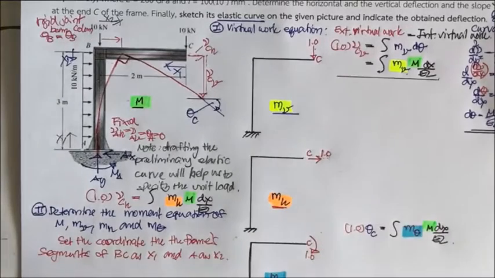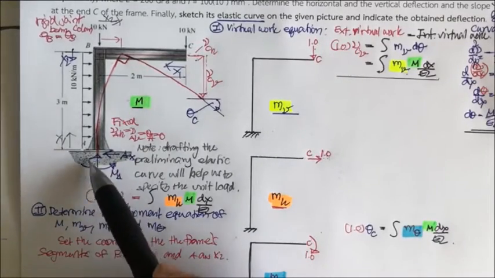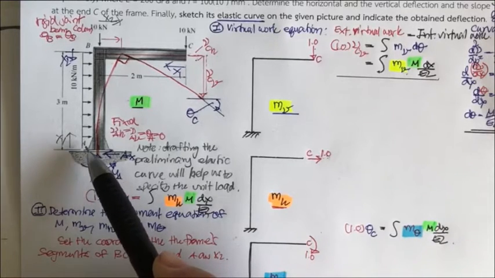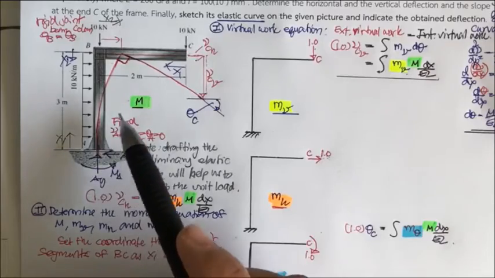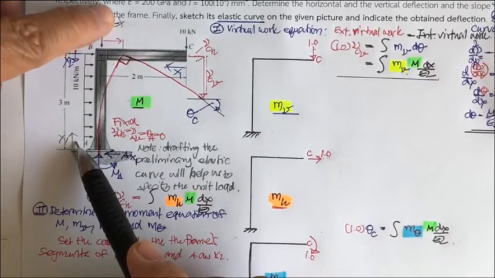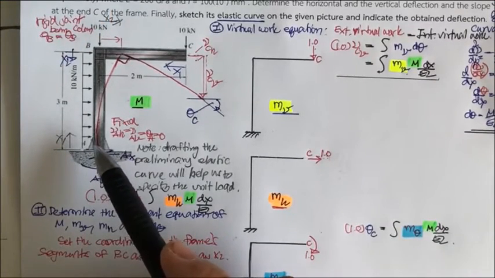It's up to your choice, but you have to determine the best choice. If you use this x1, that means you have to determine the reaction at A, so it won't be convenient. I prefer to select this x1 and x2 over that x1 and x2. So it's up to you. Everybody has their own choice.